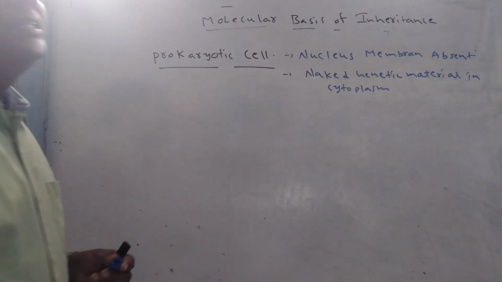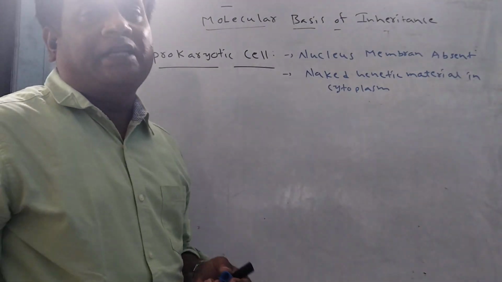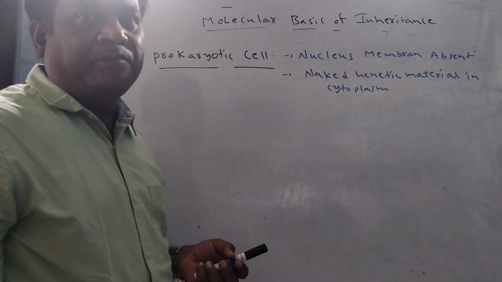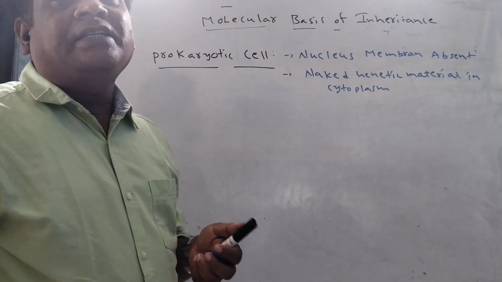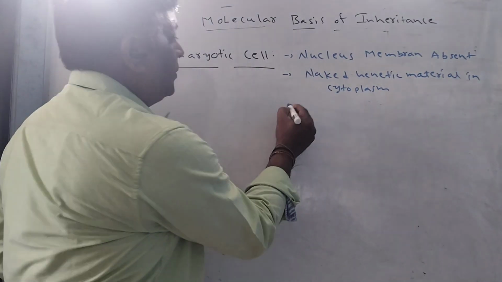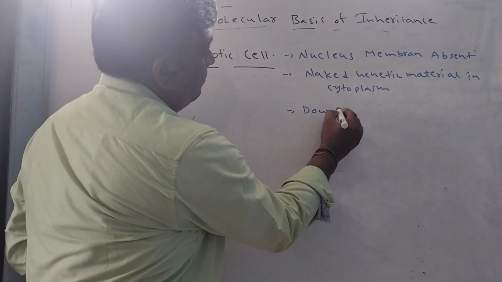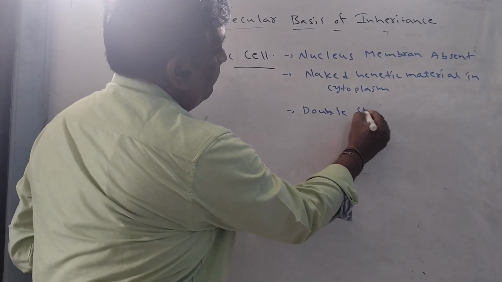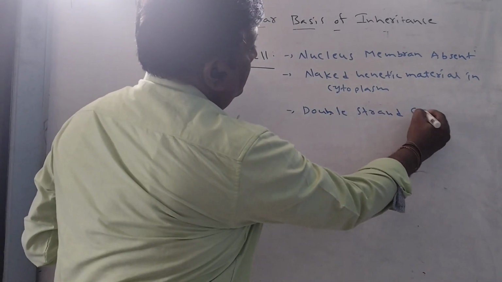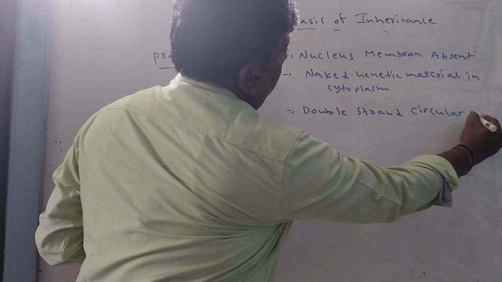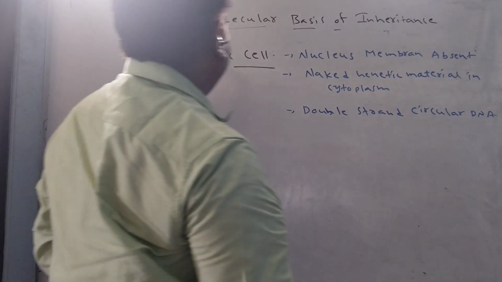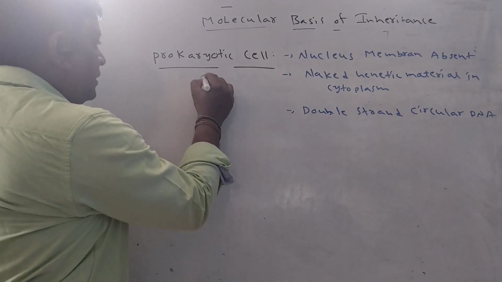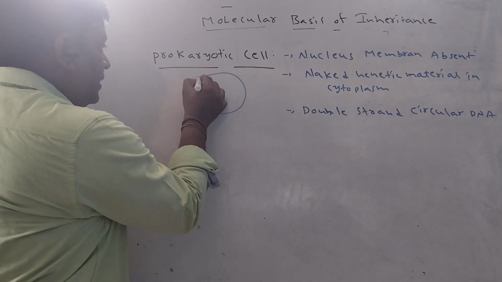In prokaryotic cells, circular DNA is present, meaning double-stranded circular DNA. We can describe the DNA of prokaryotic cells like this: double-stranded circular DNA.